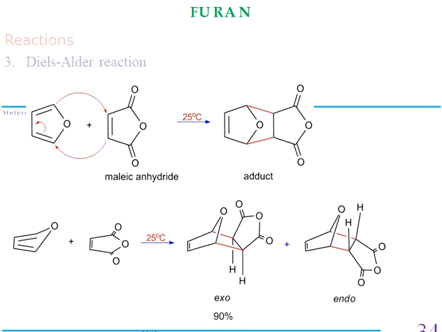Here there are two possibilities. Either you can get an exo product or you can get an endo product. And the yield will depend upon the stability of your product. So exo is more stable, so it will be formed 90%.